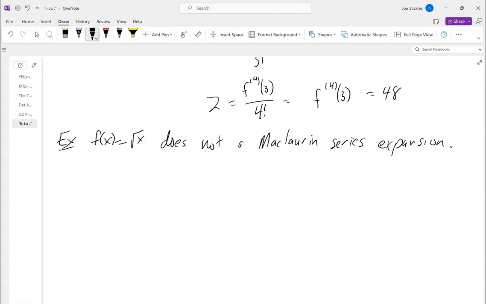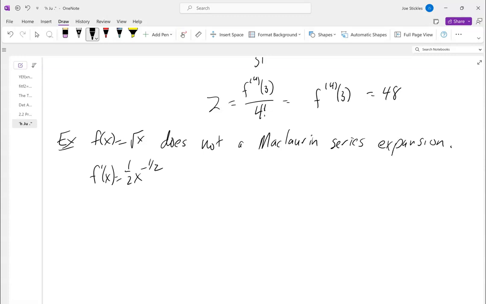So remember, again, how we find Taylor series. The first thing we start doing is taking derivatives, right? What is the derivative of square root of x? Yeah, 1/2 x to the negative 1/2. And then we would keep going and take a bunch of derivatives, right? That's the first step you do when you try to find a Taylor series expansion or a Maclaurin series expansion. Take a bunch of derivatives. What's the next thing that you do?